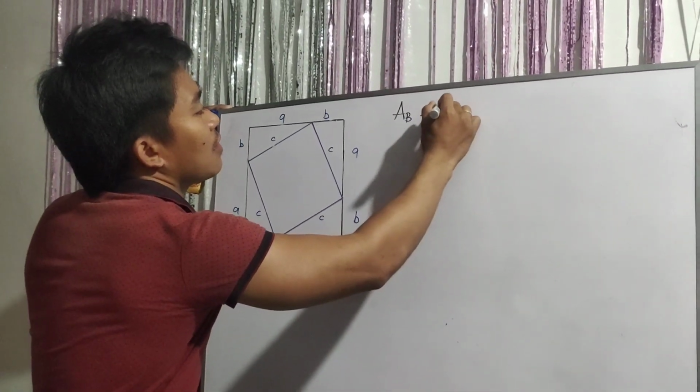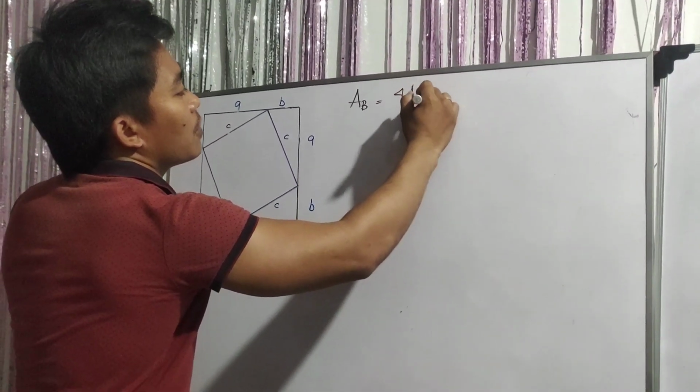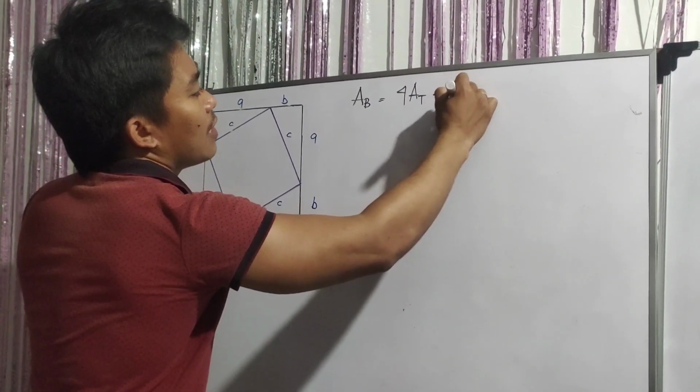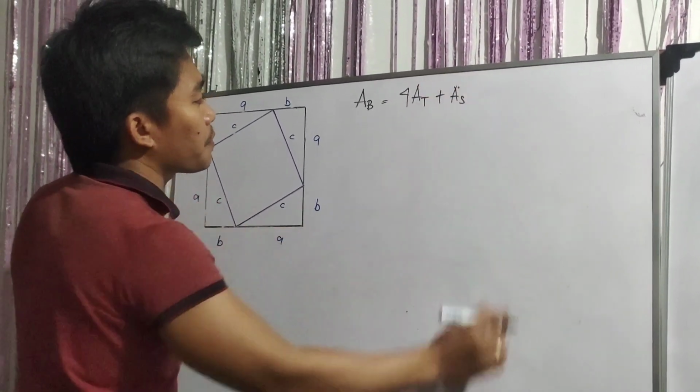That is, the area of the four triangles plus the area of the smaller square.